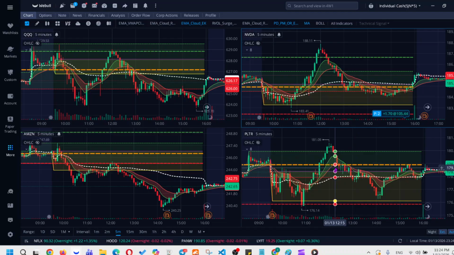There was some consolidation, then it got rejected, went back down, and came back up near the close to the previous day close, but it also got rejected. This just shows how powerful the previous day close can be as a trading strategy.